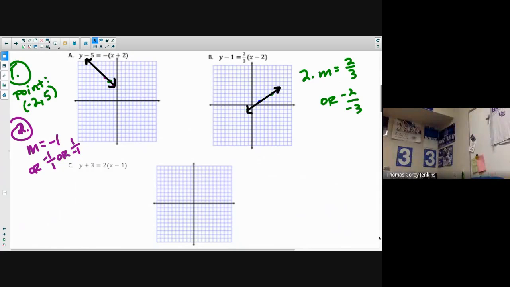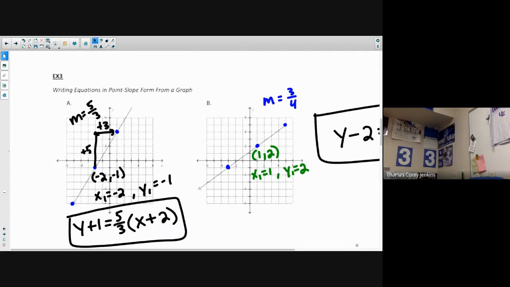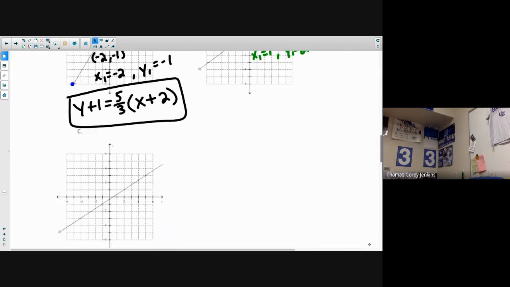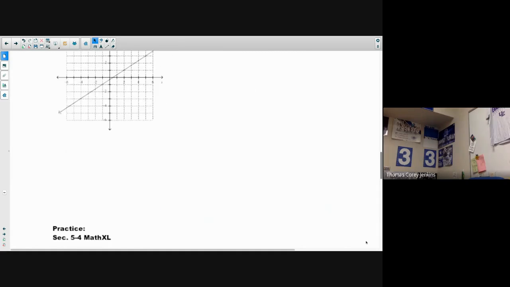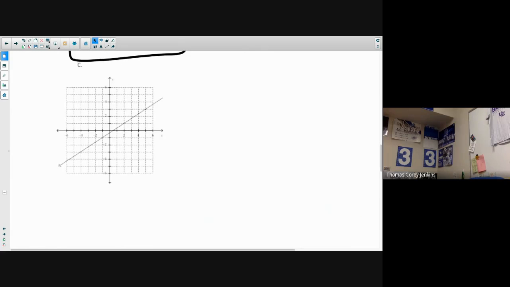Example 3 gets into, if I give you a graph, then you can give me a point slope equation. So before we move on to the last example, I wanted to do C, which I skipped over on day 1, because there's something I want to show you that'll lead into our last example. And it'll be a good review of what we did yesterday.